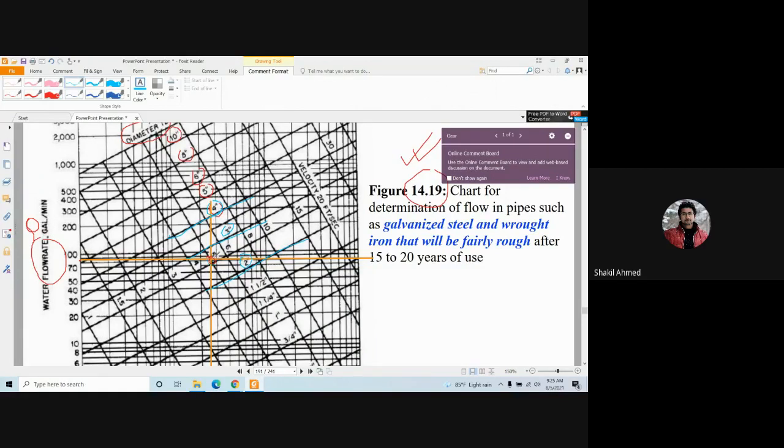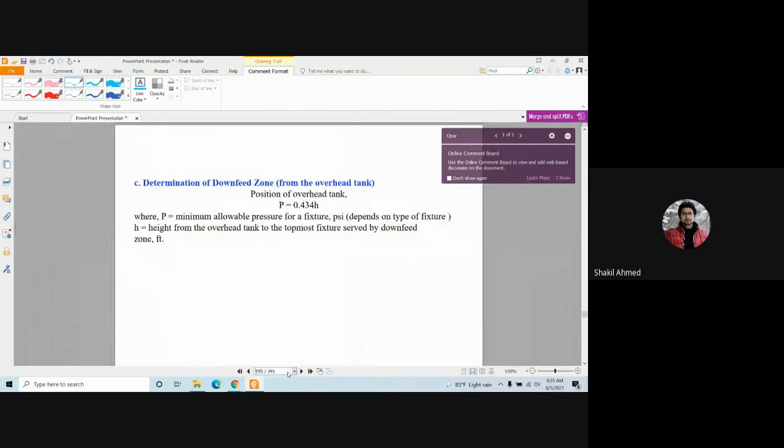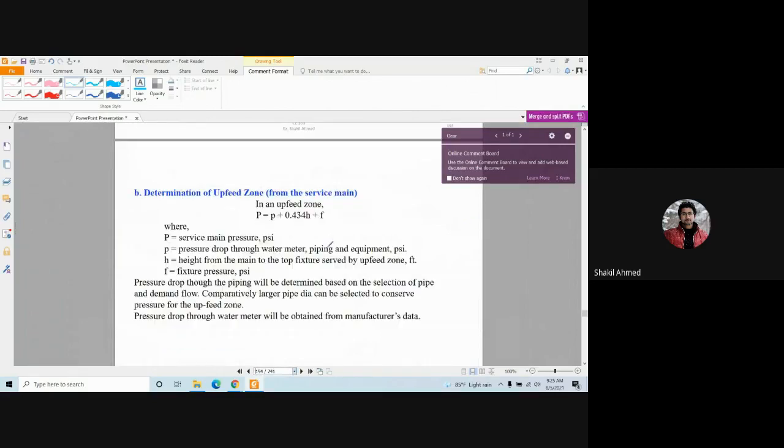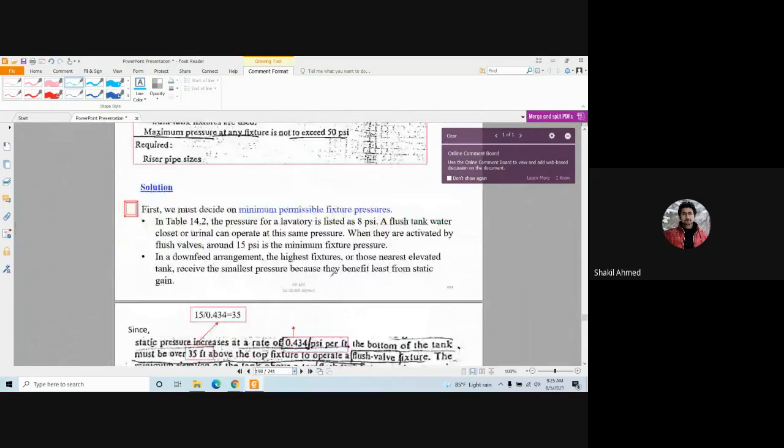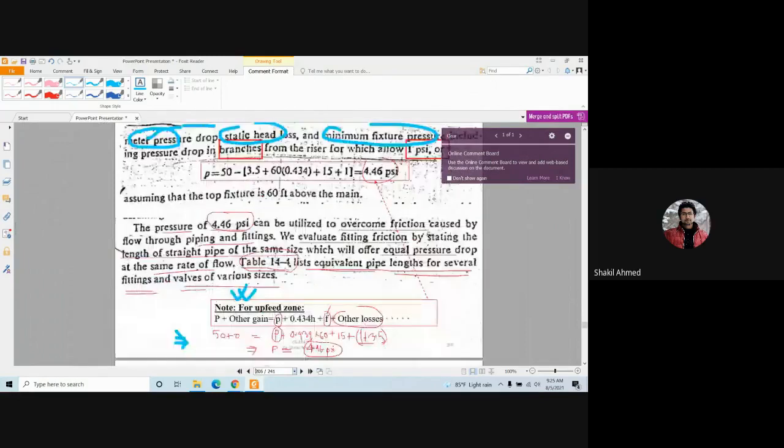So you are here. That means you are in between 3 and 2. This is 2, this is 3, so this is 2.5. So approximately 2.5 inch.